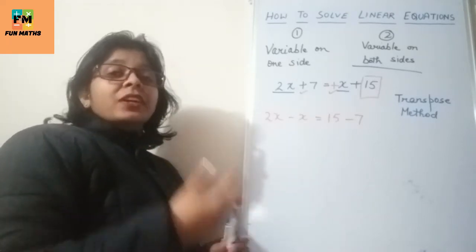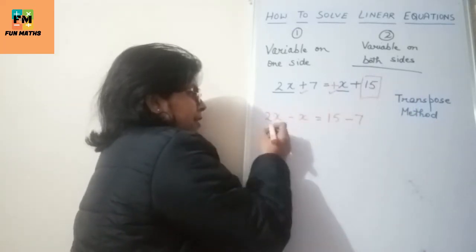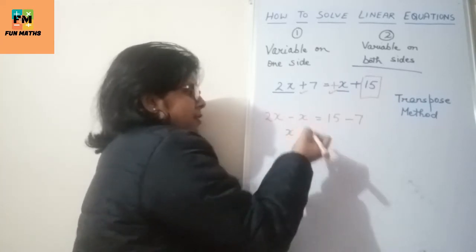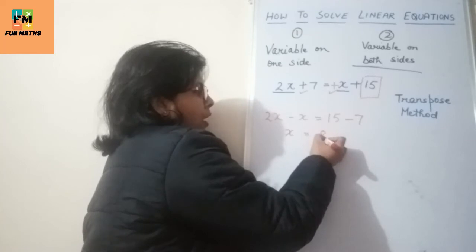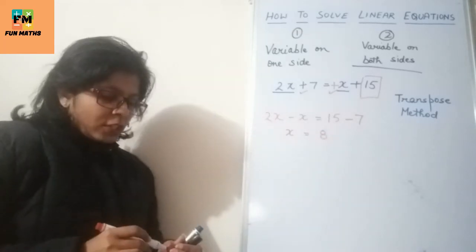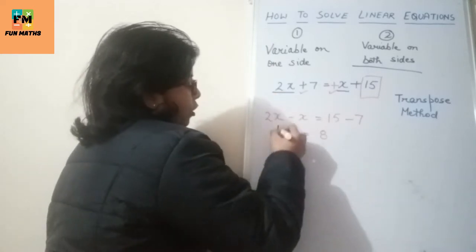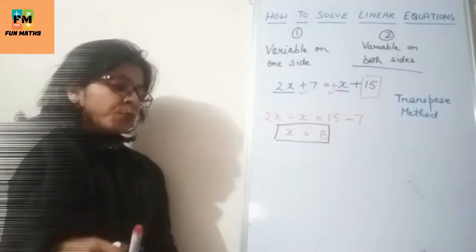Now, simple. Last step, we can easily solve 2x minus x. We all know x is equal to 15 minus 7, we know 8. Alright. So in this way simply we have found the solution of this equation, x is equal to 8.